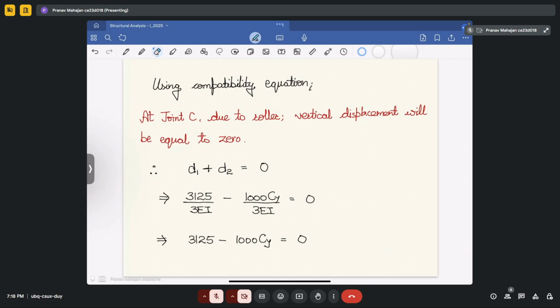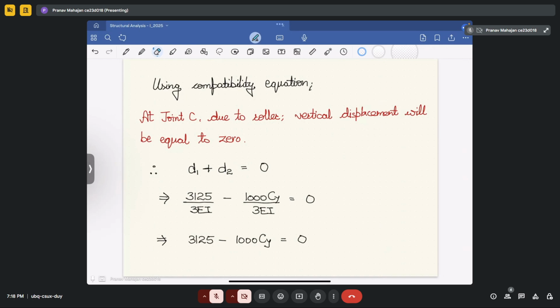Now you again removed all the external forces, and applied one external reaction, and whatever displacement you observe at the point C, you try to find out. In our case, it is coming out to be equal to minus 1000 Cy upon 3EI.